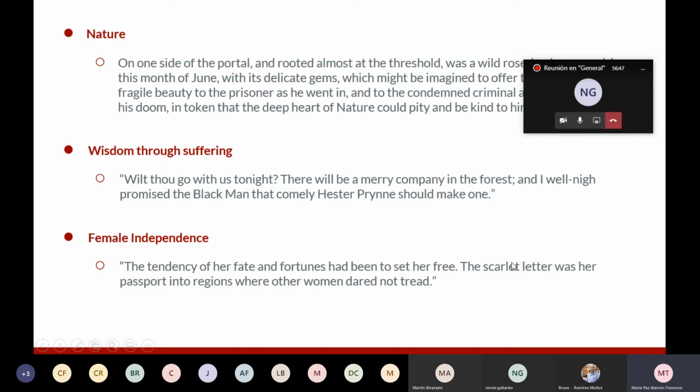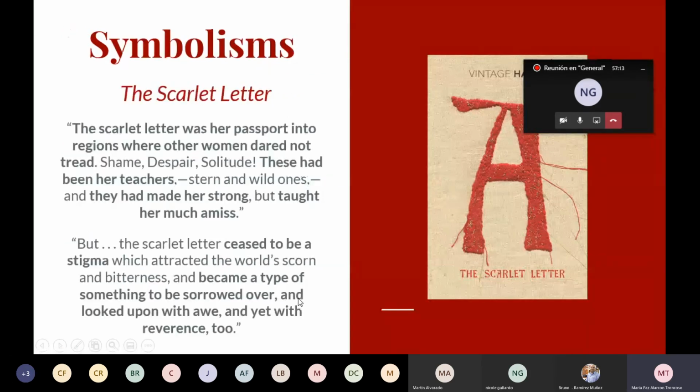The scarlet letter was her passport into regions where other women dare not tread." This means that she got out of the model of the women who would have received their punishment and not done something with it. She learned a lot from it.